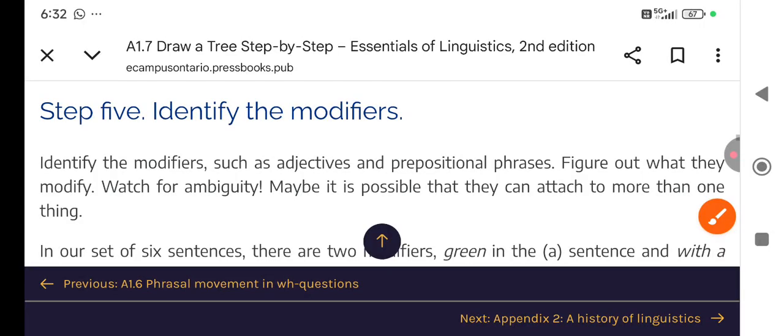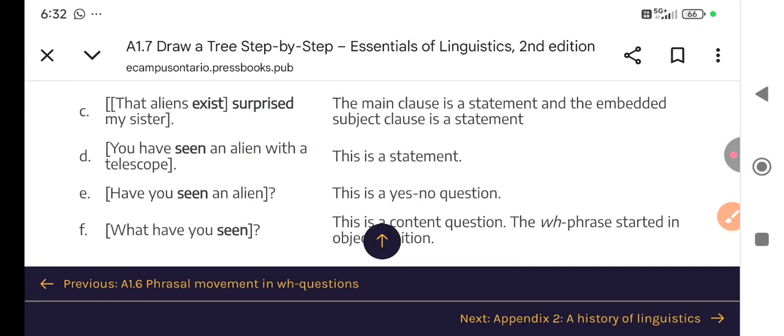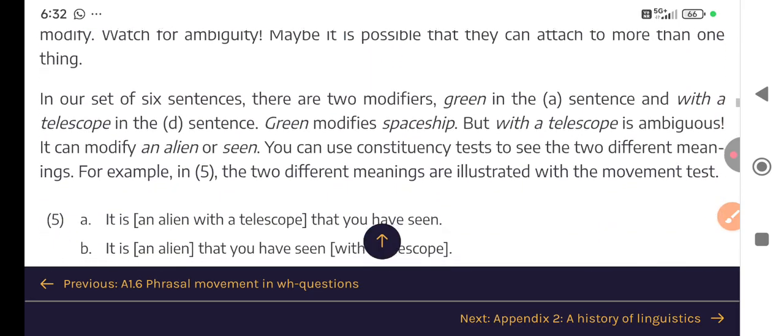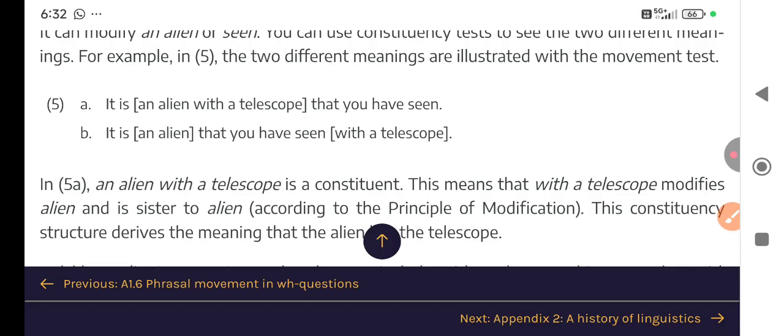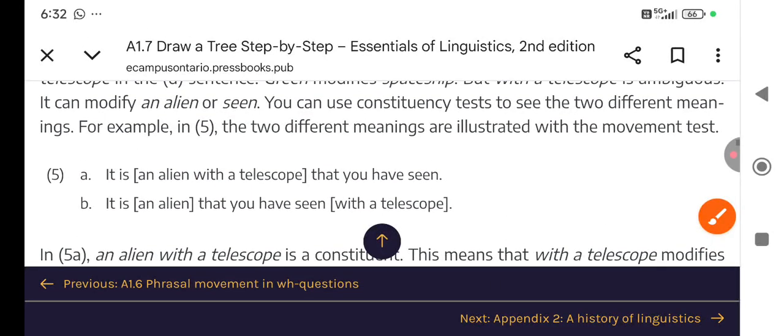So we go back to sentence D. It is an alien with a telescope that you have seen. So either the alien is using a telescope, or you have seen the alien through the telescope. It is not clear.